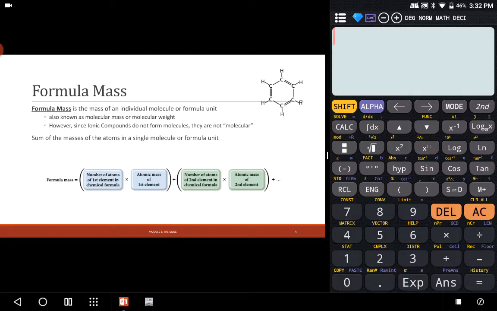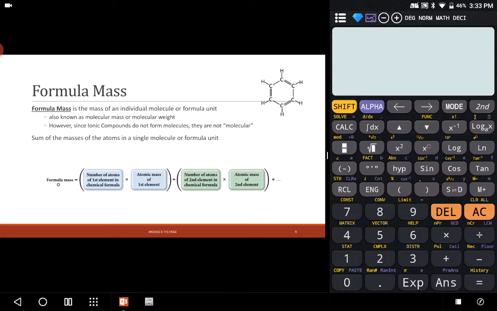Formula mass is the mass of a whole chemical formula for a molecule, or for a formula unit if it's an ionic compound. So in order to find the mass of this compound, we have to add up the atomic masses of all the individual atoms.